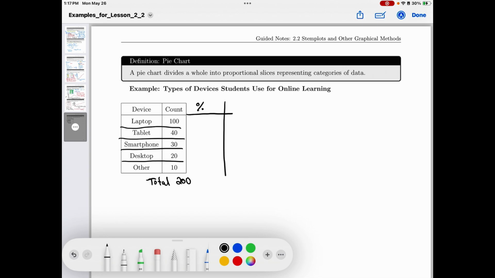To find the percentage that we need for our graph, I'm going to make a new column here. I need to find what proportion or what percentage is 100 out of 200. So 100 out of 200, that's 50%. Then for tablets, I'm going to take 40 out of 200, and that's going to give me 20%.